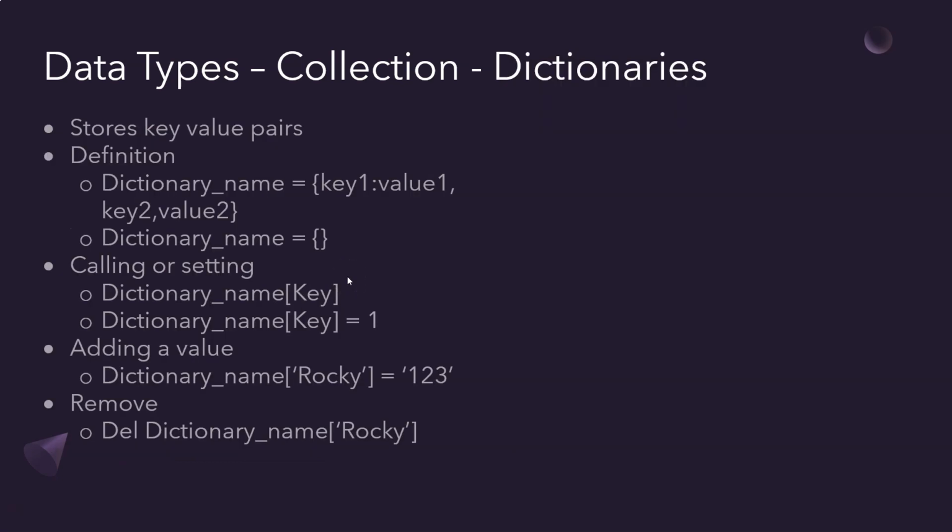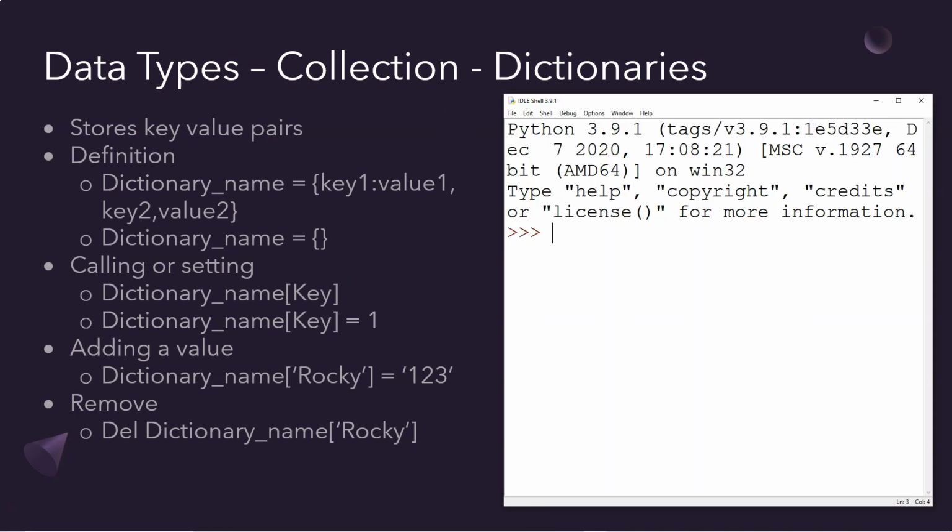Dictionaries are another collection data type in Python, which is mainly used to store key value pairs. So here we define all the values and the associated keys with them. Let's take a look at some examples. For example, I want to define a dictionary which is like a phone book, and we use curly brackets. Here for the key, I can use anything as key.